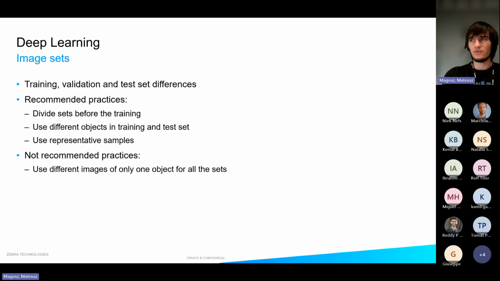It's just for the user to check it. The validation is used during the training process to see how it's proceeding. And if the results on the validation data are not on par with your training data, it means there is something wrong with it.